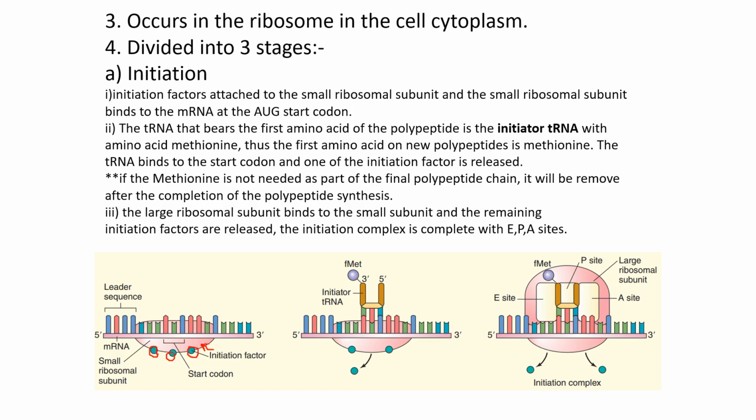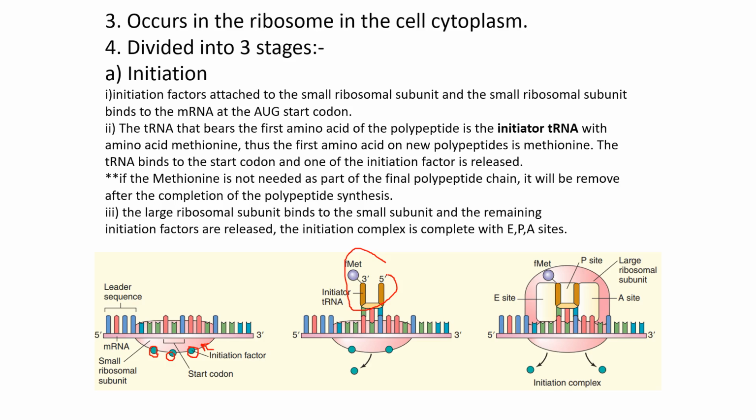This initiator tRNA carries the amino acid methionine, which corresponds to its start codon. Thus the first amino acid on new polypeptides is methionine. Why is methionine the first amino acid on a polypeptide?